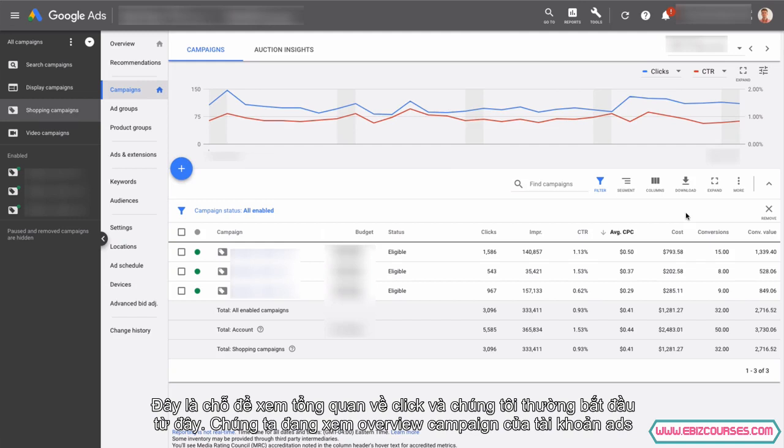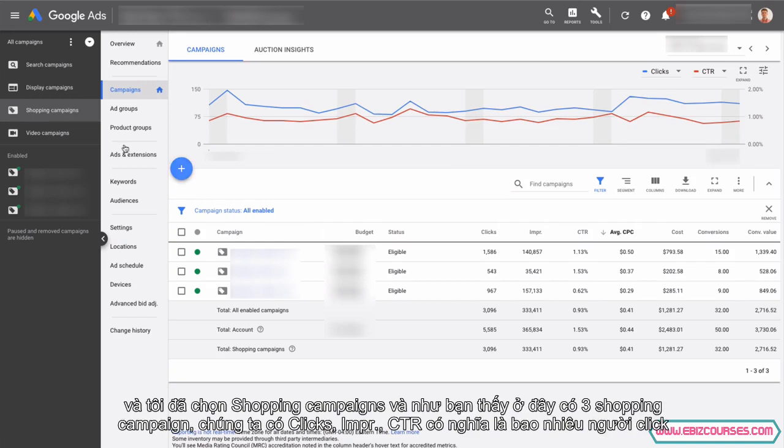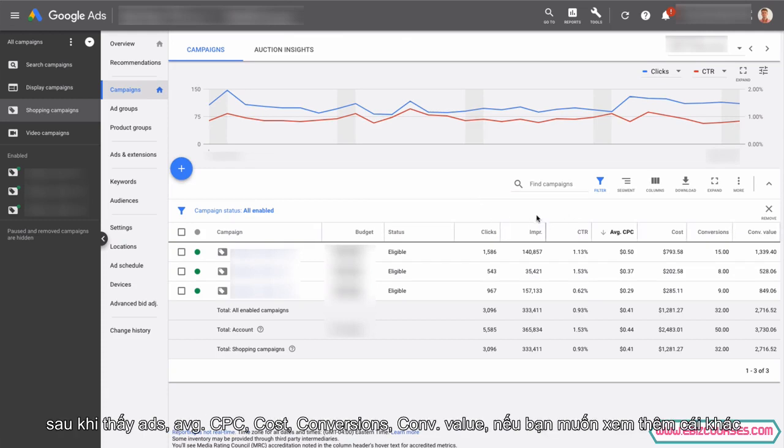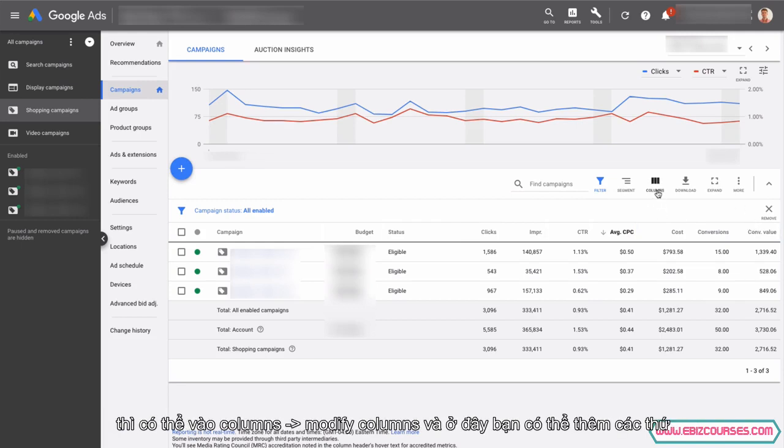We're in the campaigns overview of your Google Ads account, and I've selected the shopping campaigns tab. So you can see here, there's 3 shopping campaigns. You have here the clicks, impressions, click-through rate, which is how many people click through after seeing an ad, the average cost per click, costs, conversions, and conversion value. If you're seeing something different, you can make changes here.